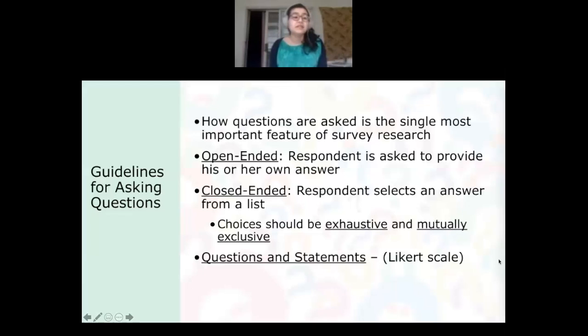But because it is exclusive, it needs to be exhaustive and mutually exclusive. So your respondent can only choose one choice, and the choices need to be separate from each other. You can do closed-ended responses where people can check off multiple things, and it gets a bit complicated in that way.